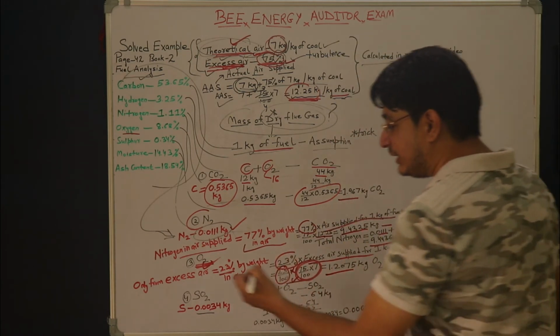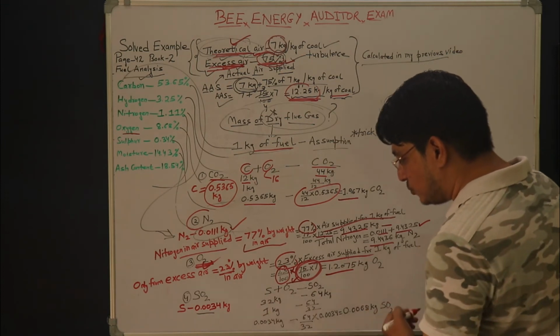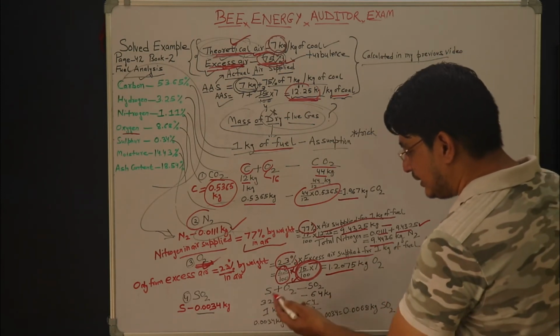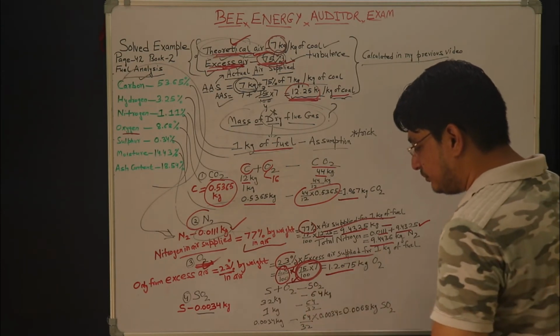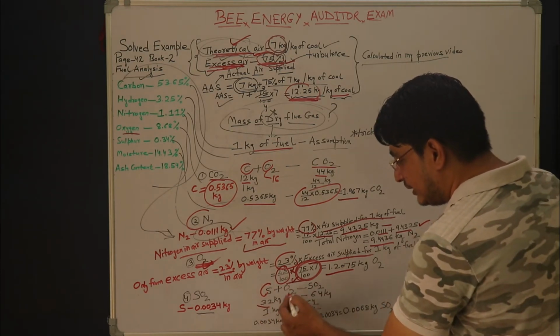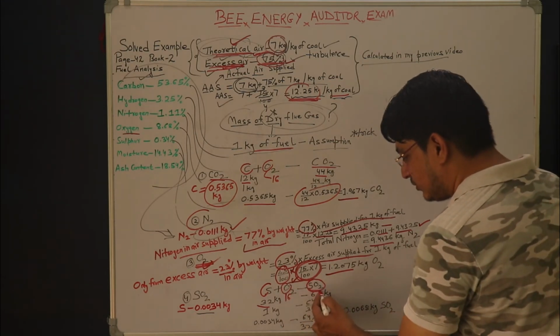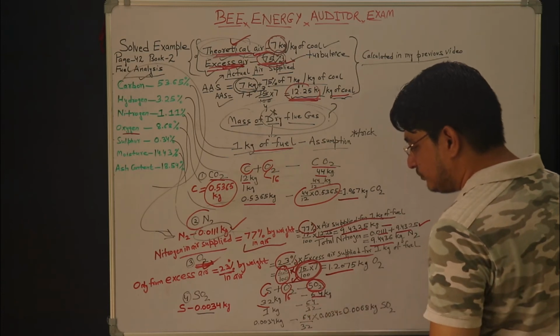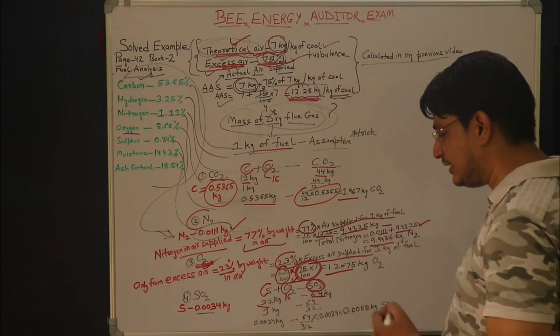Now the last thing left is sulfur. You must remember the equation S + O2 → SO2, that is, sulfur plus oxygen, and the combustion product is sulfur dioxide. The atomic weight of sulfur is 32, oxygen atomic weight is 16, and thus you can calculate the molecular weight of SO2, which is 64. So from 32 kg of sulfur, 64 kg of sulfur dioxide is formed.